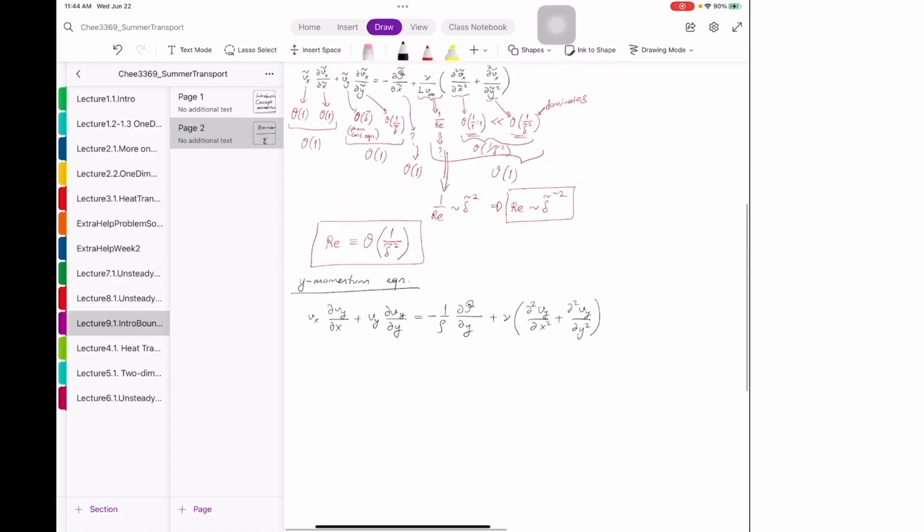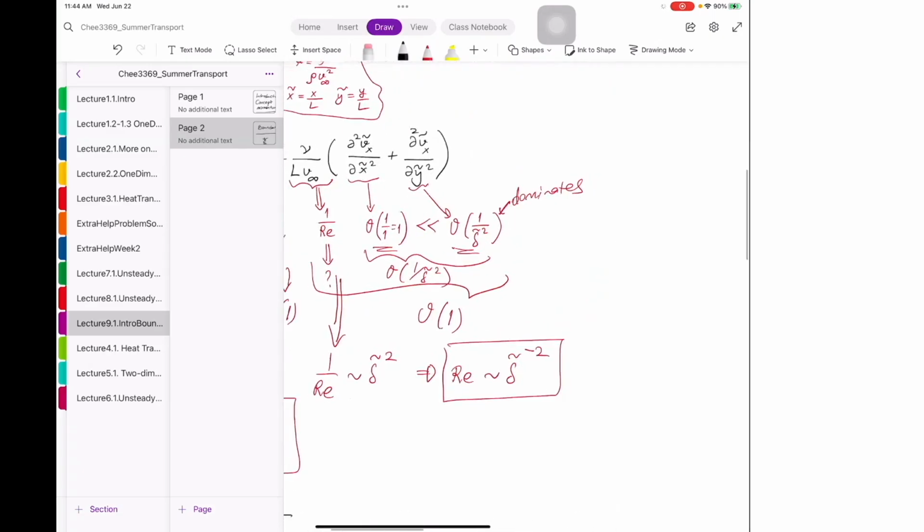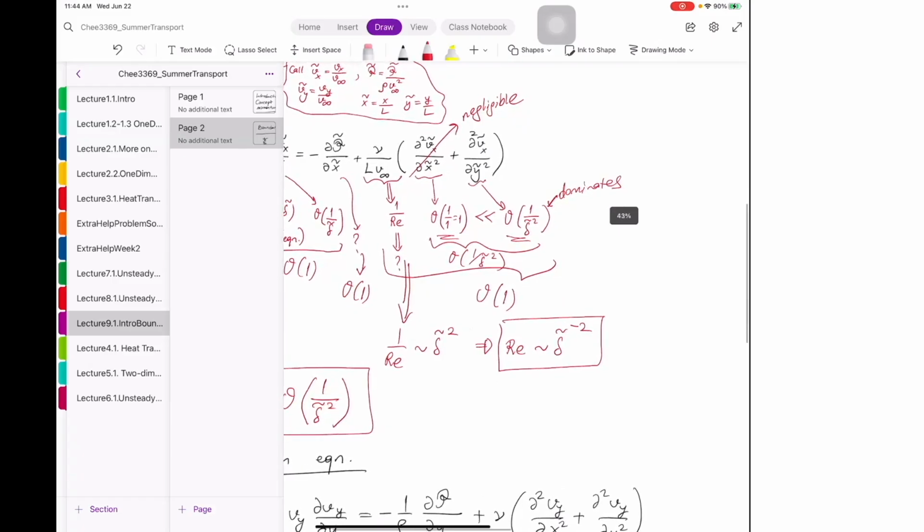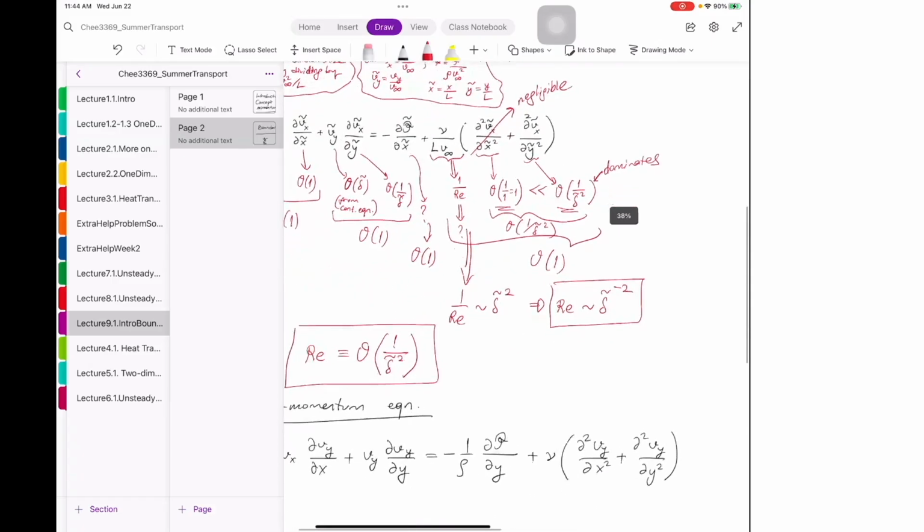Before actually doing this one, I should note that since this one dominates, you can say that this term is negligible. So actually this scaling argument told us that you can neglect one of the terms and simplify this equation.